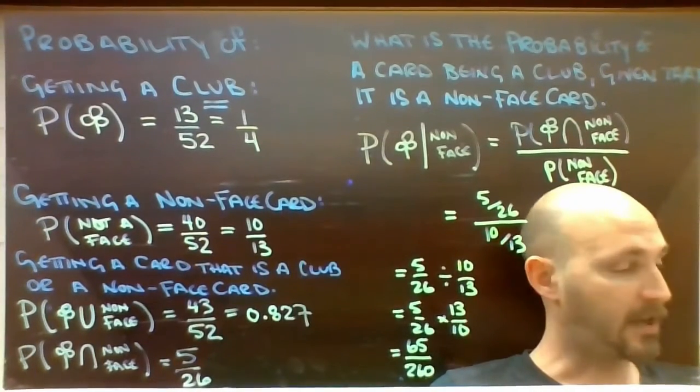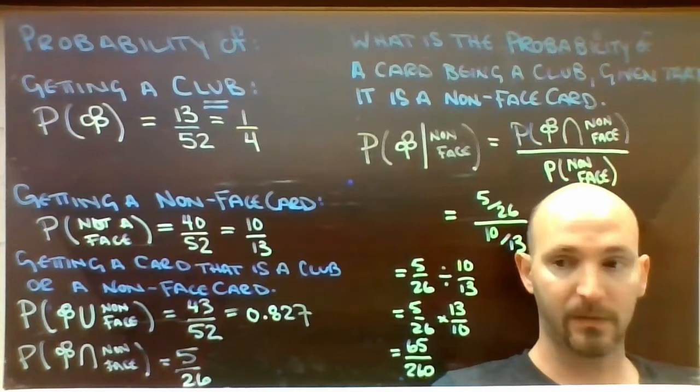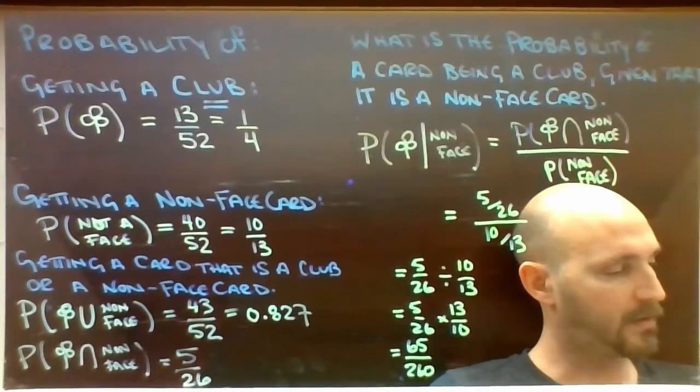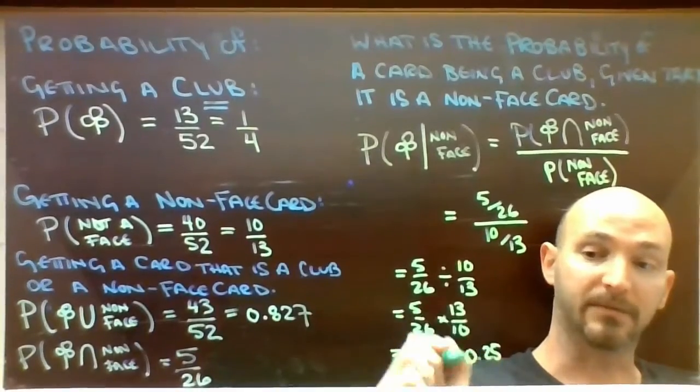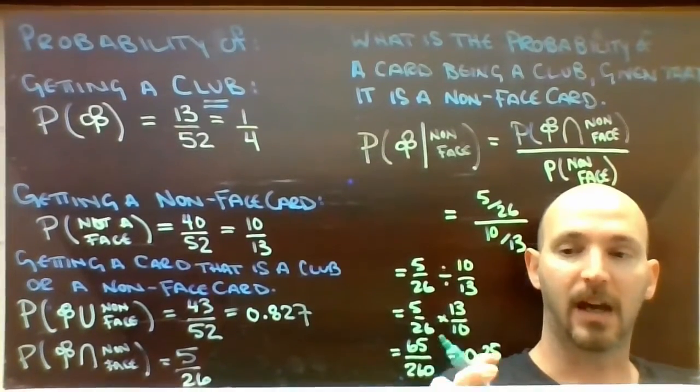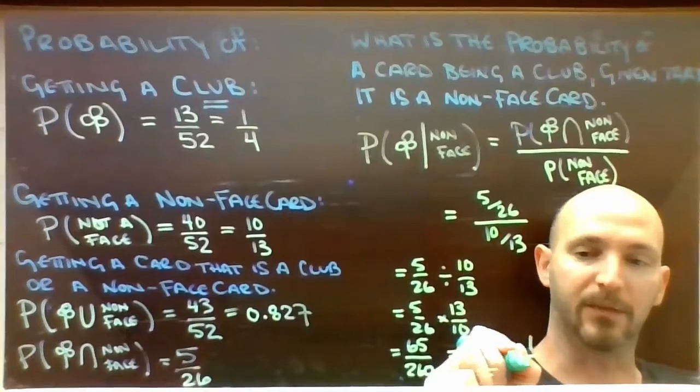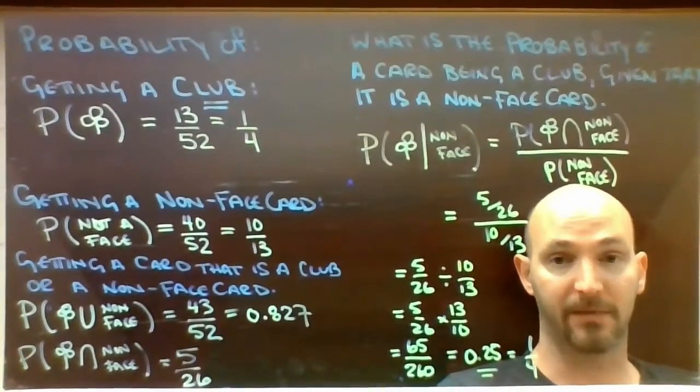Now if we were to take a calculator and give that a try, 65 divided by 260 is 0.25. Curious. And that happens to be 1 out of 4, which is the answer we'd already arrived at.